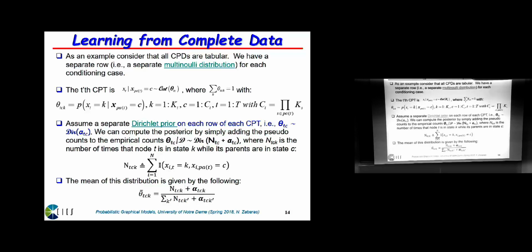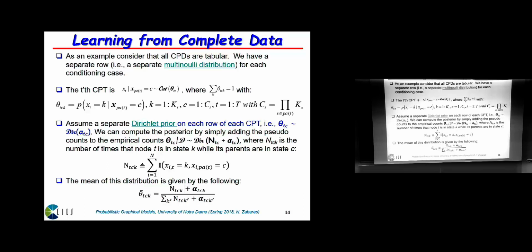Depending on how many parents you have, it is the product of the states of the parents. So if a node has 2 parents, and one parent has 2 values, the other has 3, it will be 2 times 3.